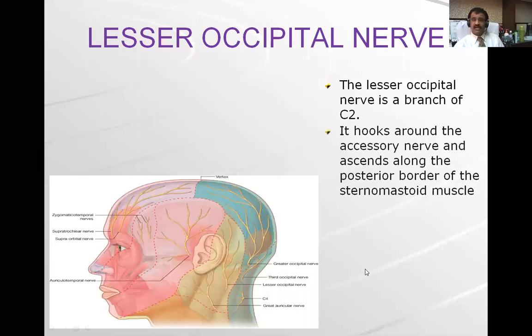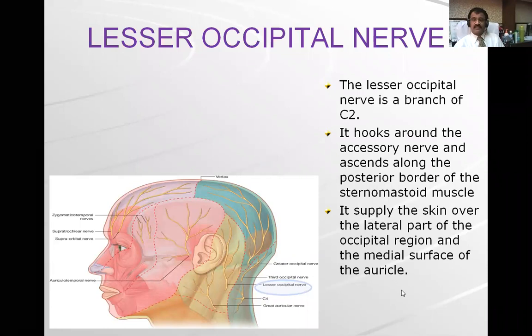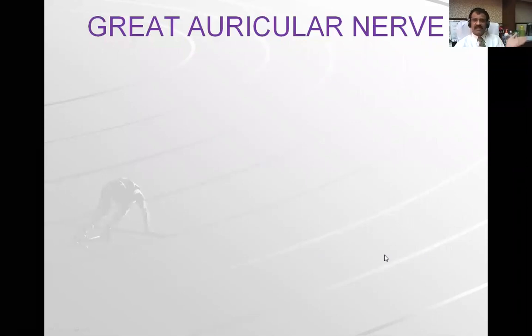It hooks around the accessory nerve and ascends along the posterior border of the sternocleidomastoid muscle. It supplies the skin over the lateral part of the occipital region and medial surface of the auricle. Auricle means external ear part, that is pinna.